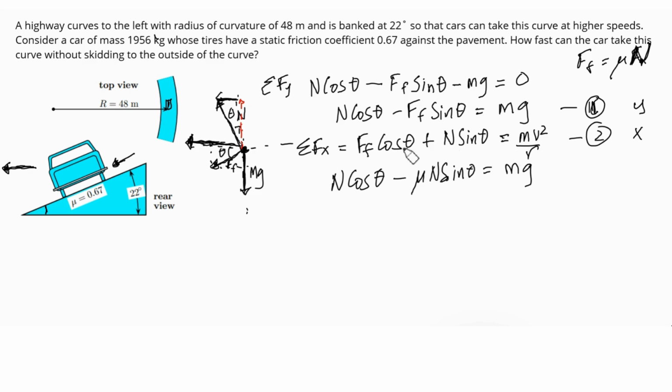Looking at equation 2, I'm going to rewrite it. The force of friction again is mu n, so mu n cosine theta plus n sine theta is equal to mv squared over r.